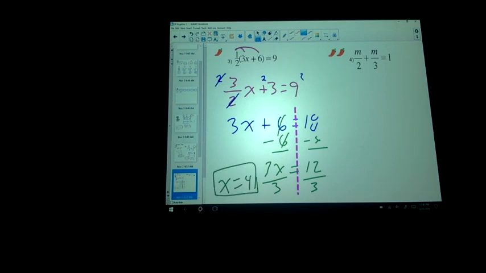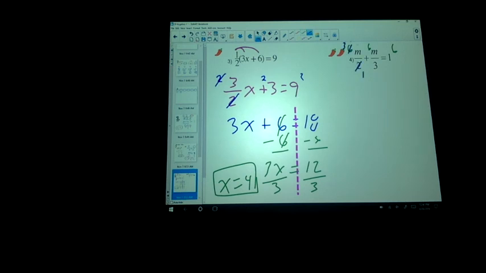Okay? Problem number 4 appears to have how many terms? 3. It has m over 2, it has m over 3, and it has 1. Agreed? What do you think I should multiply all 3 of the terms by to get rid of the denominators? 6. 6, 6, and 6. All right. That goes in there 3 times.